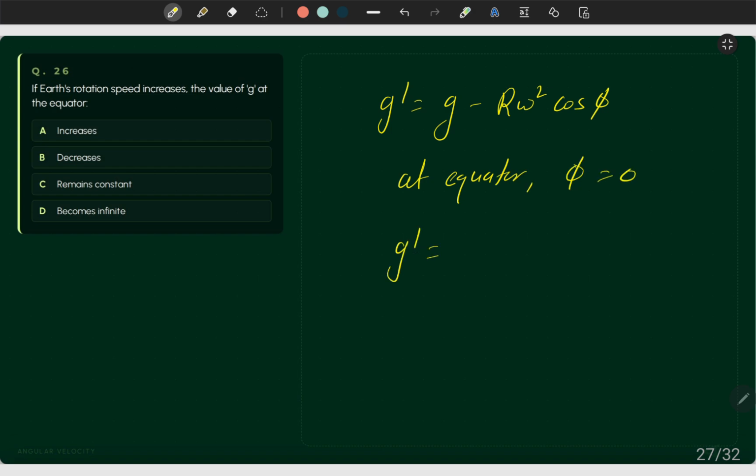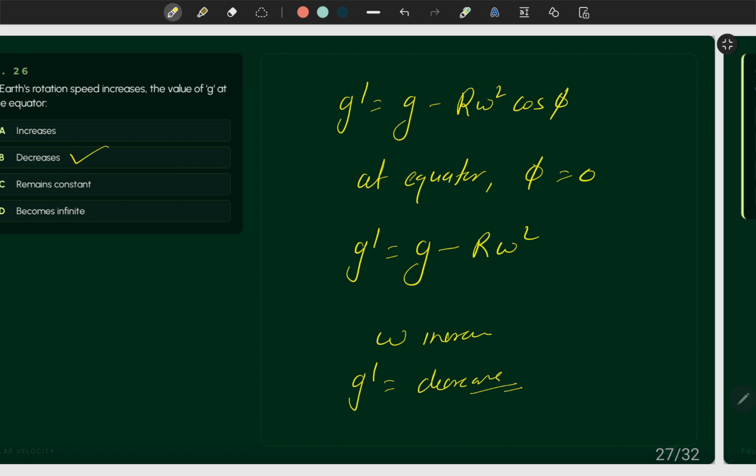So the new g is equal to g at surface minus r omega square. So if omega increases, g decreases. That means g dash decreases. So the correct option is B.